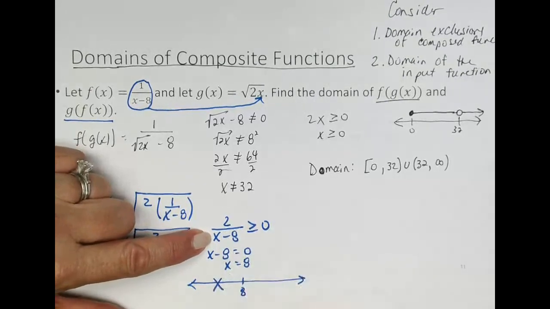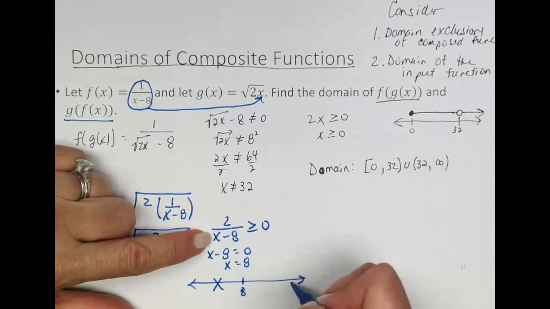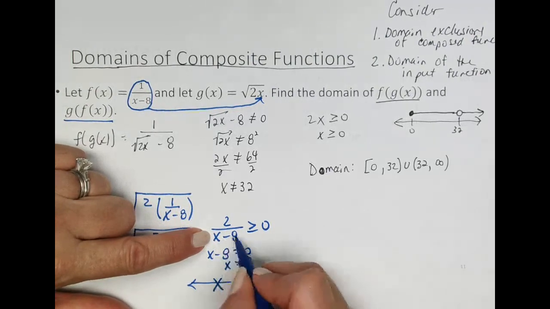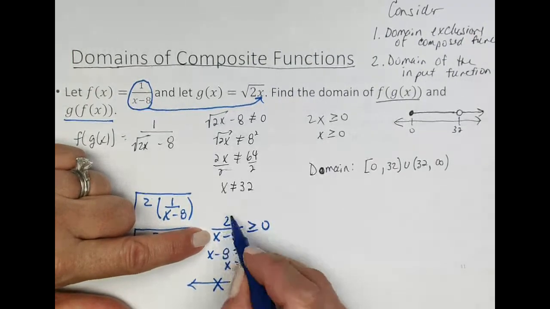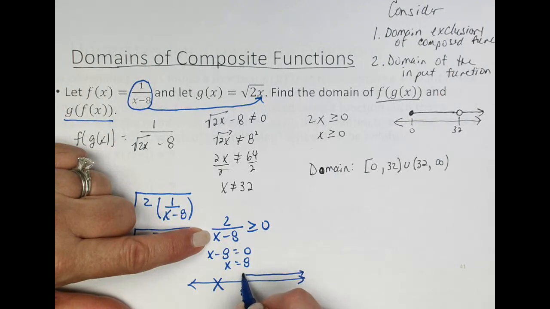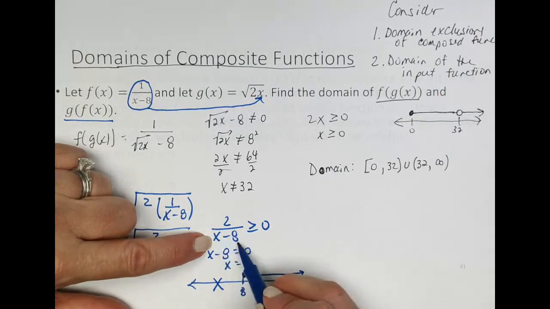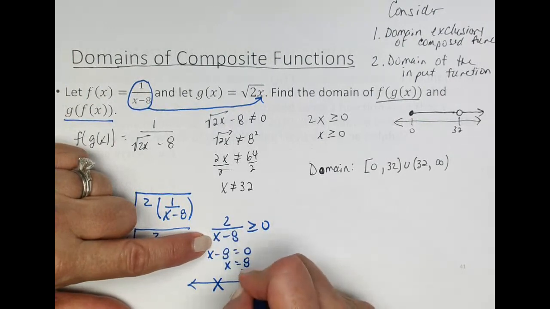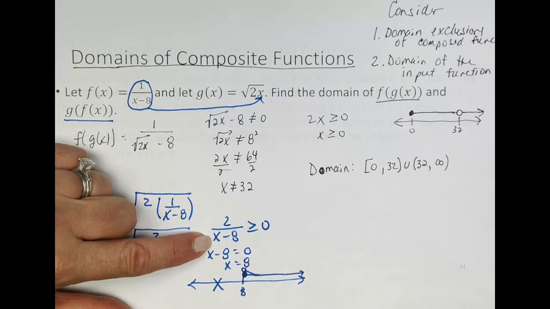So I can't have any values less than 8. Greater than 8, though, is going to be fine, because 9 minus 8 is 1, so 2 over 1 is positive 2. Any value greater than 8 is going to work. Including 8? Oh, no, we can't. We can't divide by 0. So actually, that's going to be an open circle there.